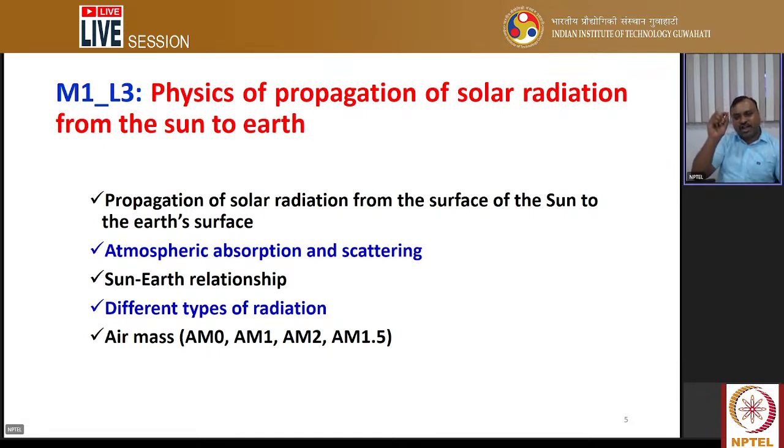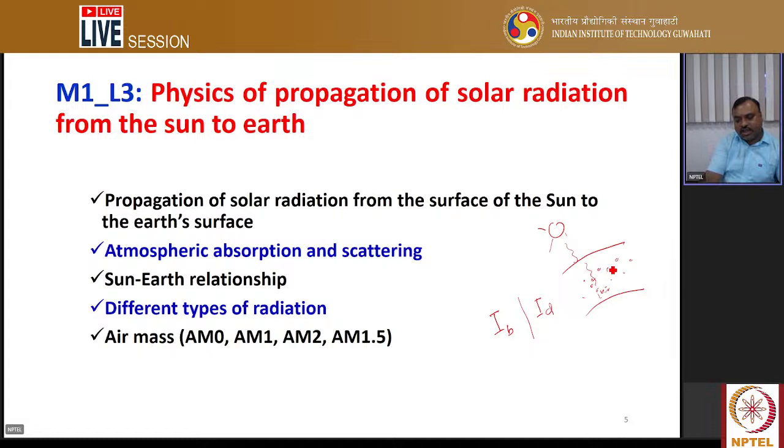So when solar radiation comes, it strikes on the molecules. And then some are scattered. And then we'll have something like beam radiation and then diffuse radiation. Okay, so if we consider this is the earth atmosphere and solar radiation is coming from the sun, here we'll have a lot of gas molecules and then water molecules, right?